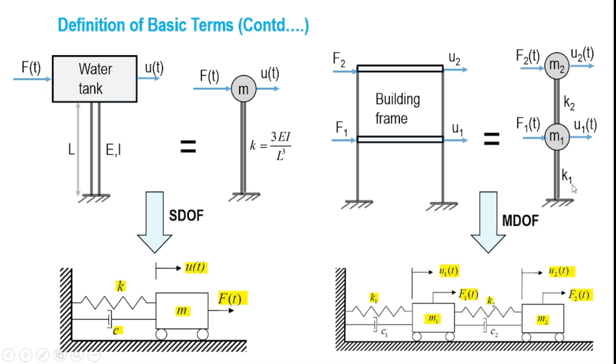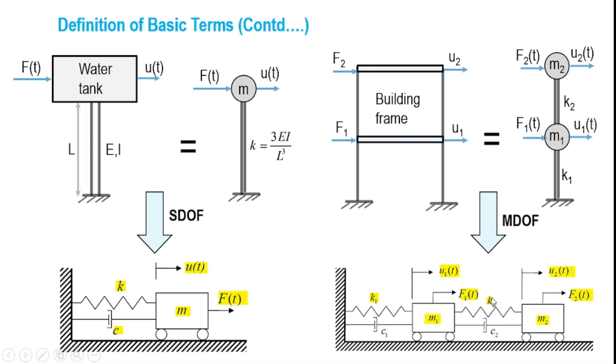And we need to evaluate K1 and K2, which are nothing but the story stiffness at the first and the second levels. And the 2 degree of freedom system is subjected to forces F1T and F2T at the two levels. And the total response of the system is described through the two displacements U1T and U2T.